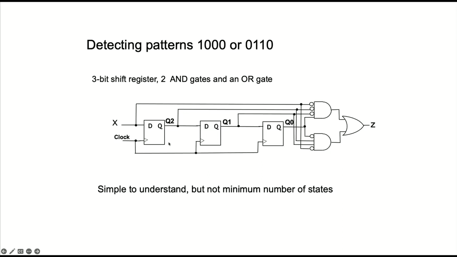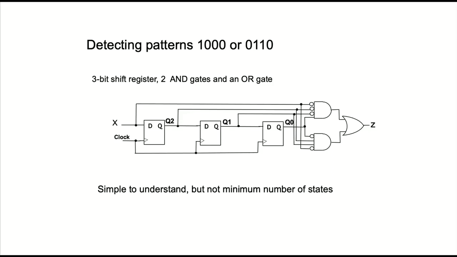And so I'm fairly certain that this circuit does the trick, because all that happens here is I remember the last 3 inputs, and then I have one AND gate that's recognizing 1000, and another AND gate that's recognizing 0110, and then I take the OR and I output a 1 if I have either of those patterns. Okay, now I'm 99% sure that this is correct.